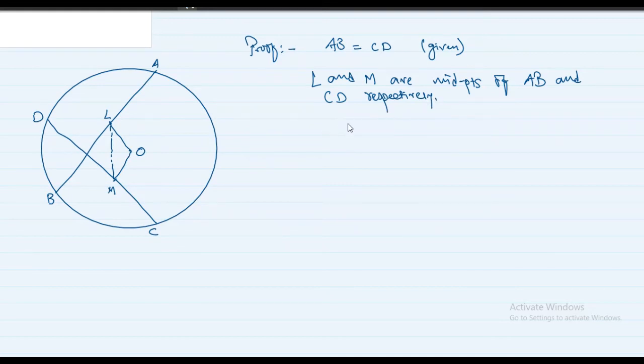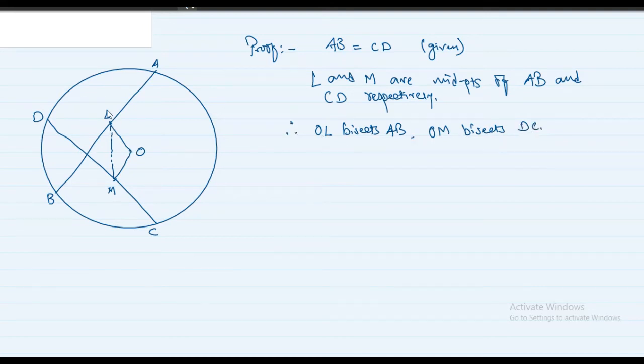So we can say that AL is half of AB. So we can say that OL bisects AB and OM bisects DC.